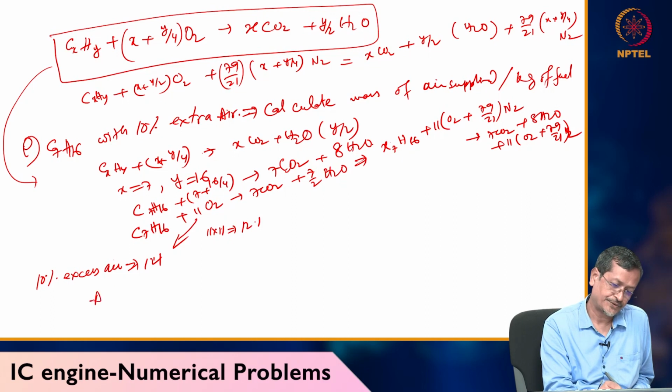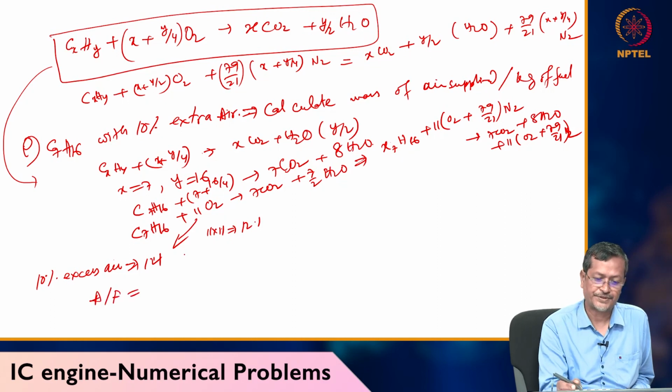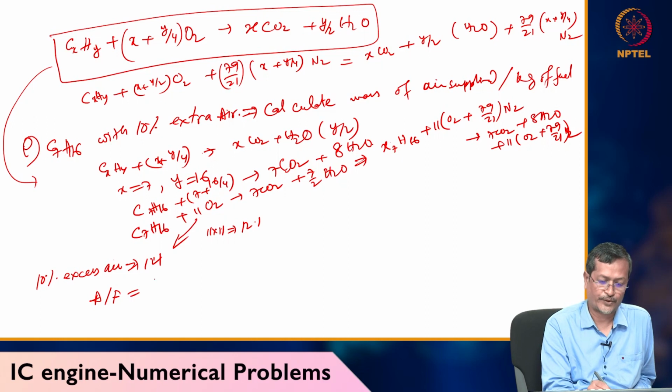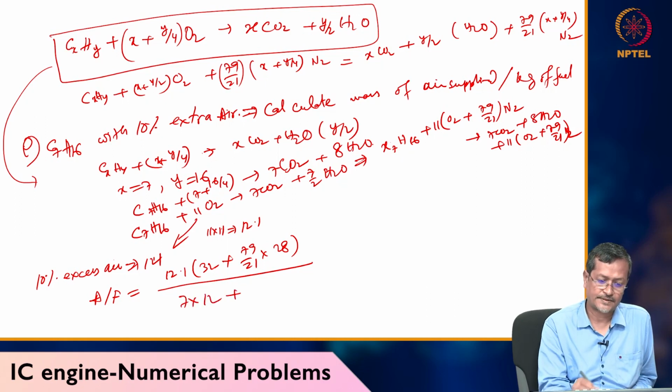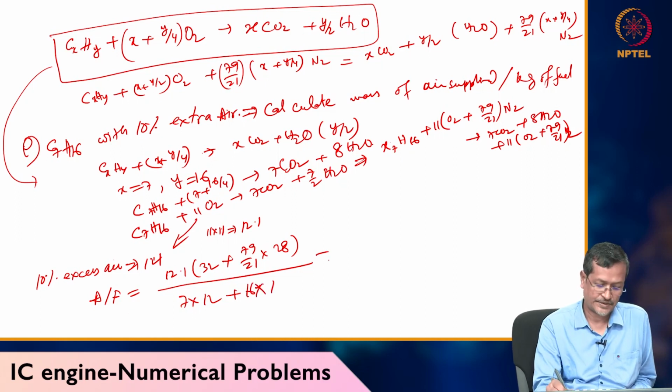So now the air fuel ratio A by F: how much air are we taking? 12.1 oxygen 32 plus 79 by 21 nitrogen 28, and how much fuel is there? 7 carbon, 7 into 12 plus hydrogen 16 into 1. So this value is coming 16.6.